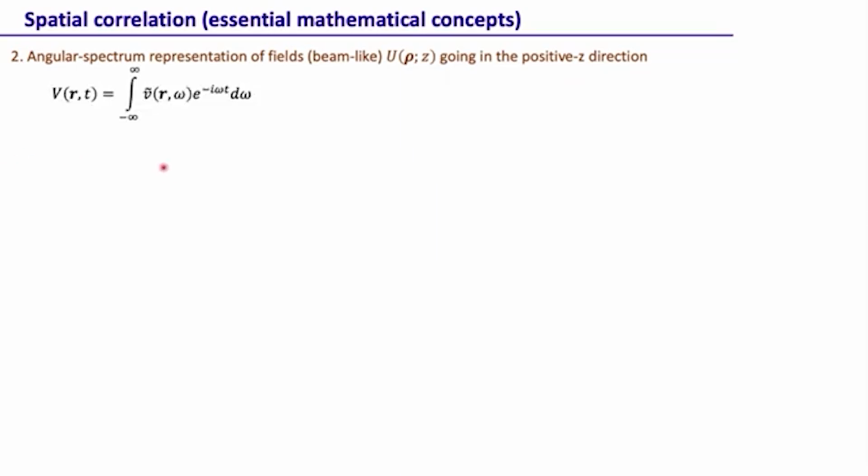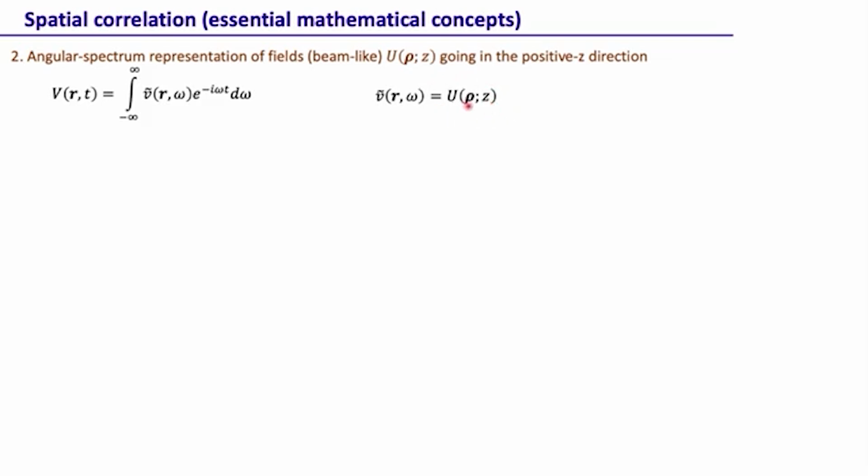Okay, so this is the generic field V(r, t), and as I said in the second slide, we represent this in the frequency basis in this form, and these are the different frequency components. We are not showing the frequency argument, and this will be our field u(ρ, z), at a given single frequency.